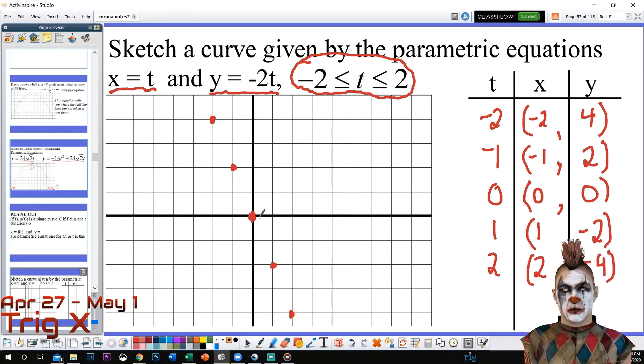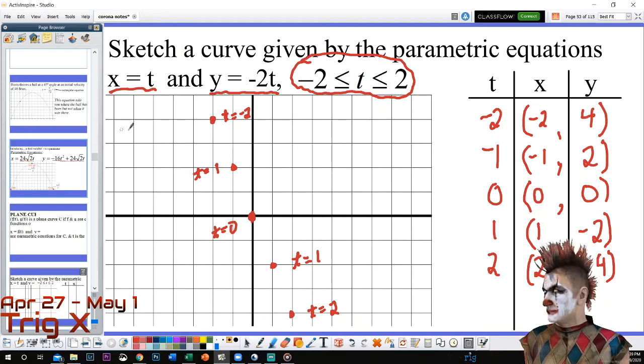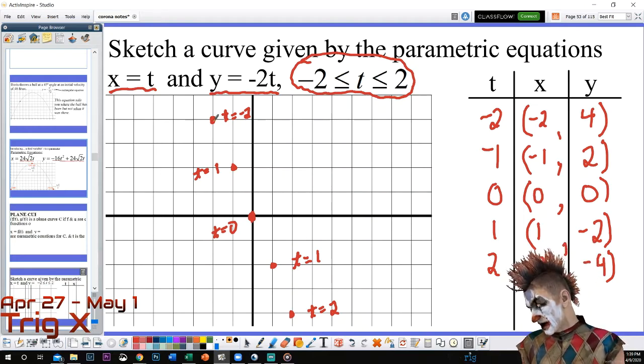So right here, this is where t equaled -2, because that was the point -2, 4. This is where t equals -1. T equals 0 was here, t equals 1 is here, and there's not really any magic where you're putting these, just make it so it's readable, just like that. Now we're going to connect our dots, and we're going to pray that I can somehow draw a straight line.